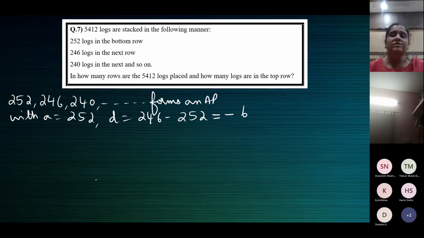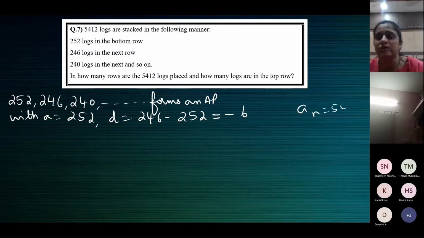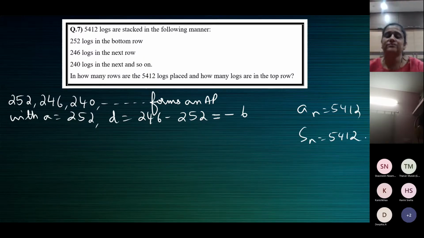Now, is 5,412 an equal to 5412 or Sn equal to 5412? That is the question. If you say an, a particular term of the AP is 5412, that means 5412 logs are placed in some particular row.